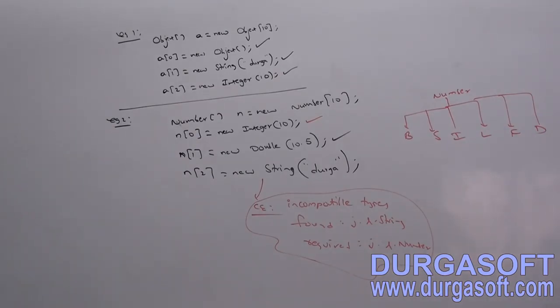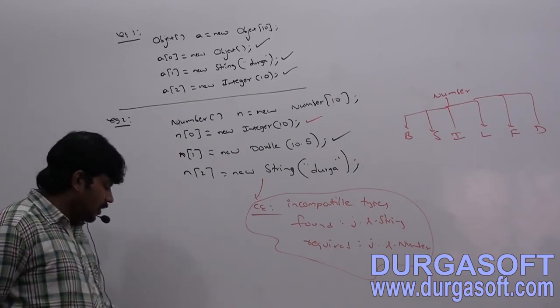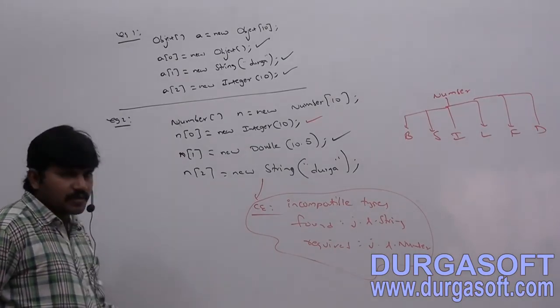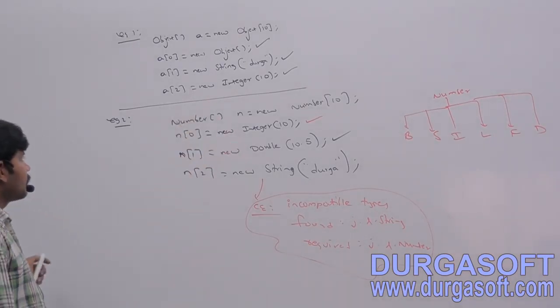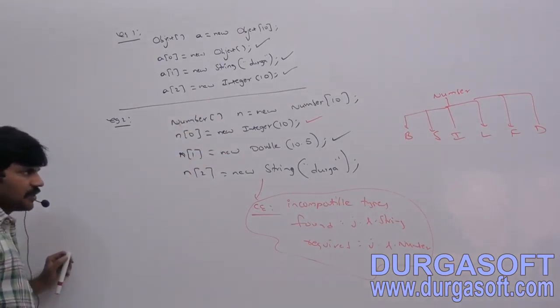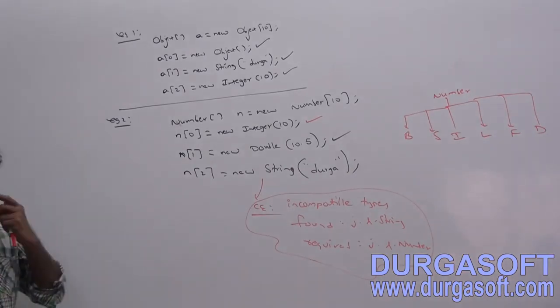Assigning a string gives incompatible types: found java.lang.String, required java.lang.Number. Is any explanation required now? That's all. This is case 2, object type arrays.